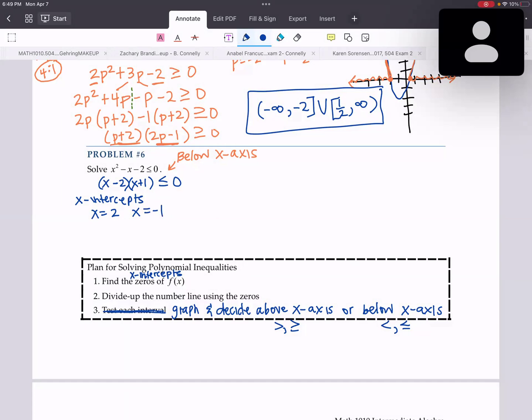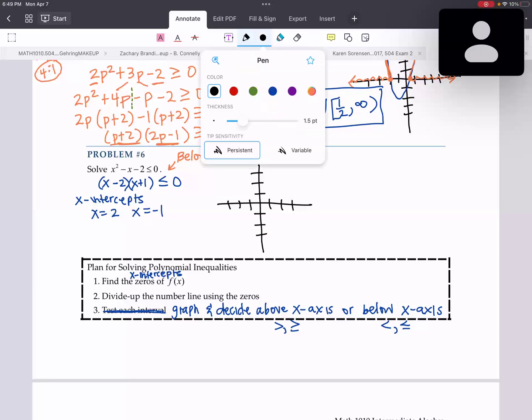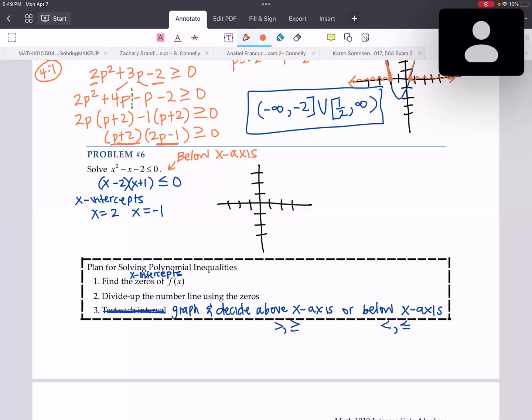So I'm going to graph. Let me make my little grid here. And let's graph those on there. Now we do have the equal to part, so they will be closed in circles this time. Right, so x equals 2 is going to be right there, where it's the point 2 comma 0.